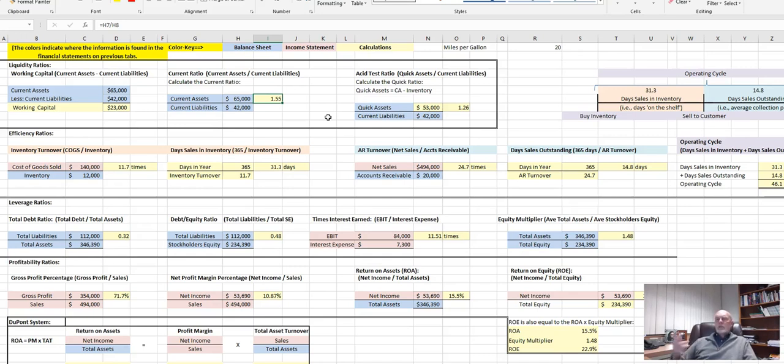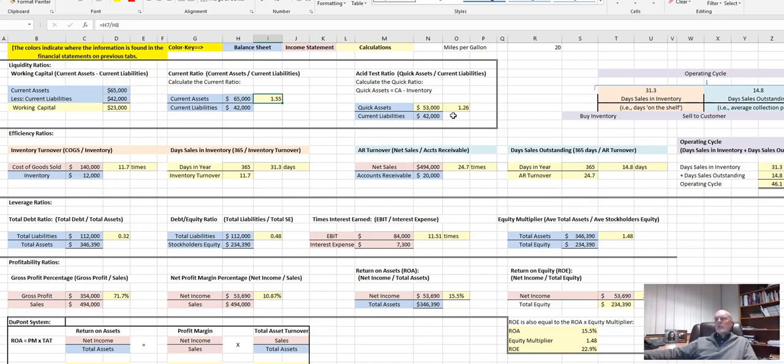But as a rule of thumb, for the current ratio, if it's somewhere between 1 and 2, that tends to be looked at as sufficient. And on the quick ratio, if it's somewhere between 0.5 and 1, then that tends to be viewed as a safe area to be in.